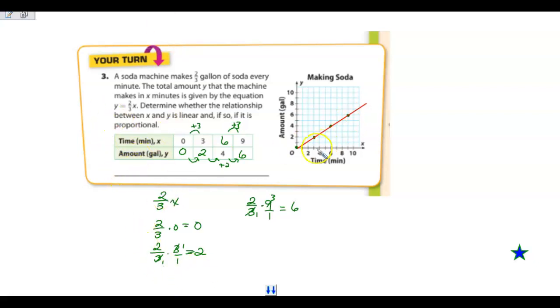So it is a straight line, so it's linear. If I did a vertical line test, I have one output for each input, so it is a function. And it is going through the origin, a straight line, it is proportional. So this is a proportional linear function.